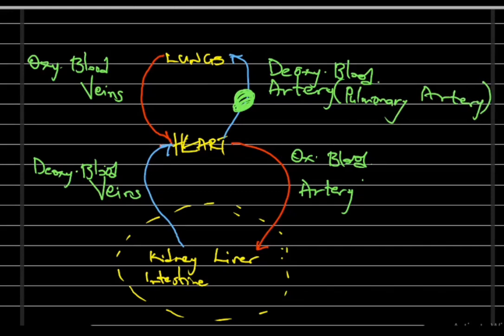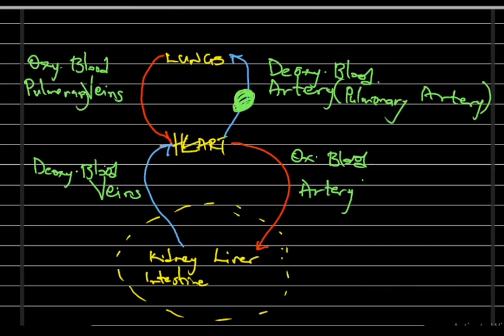Now every other vein also that is taking blood back to the heart, every vein that is taking blood back to the heart, excluding the one that is coming from the lungs, they are all called the veins. But the one, they all carry deoxygenated blood. The only one that is taking blood from the lungs to the heart is called the pulmonary vein, and it is the only vein that carries oxygenated blood.